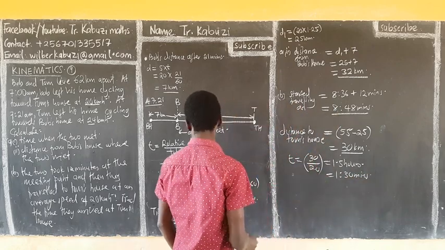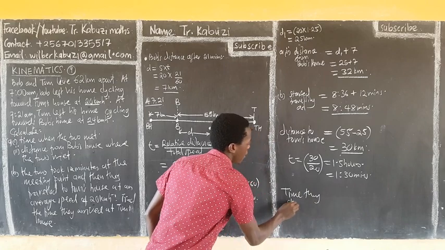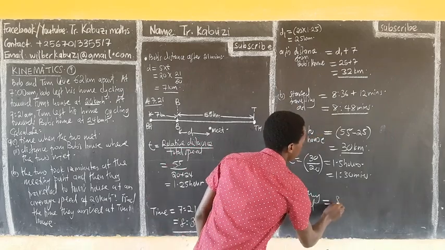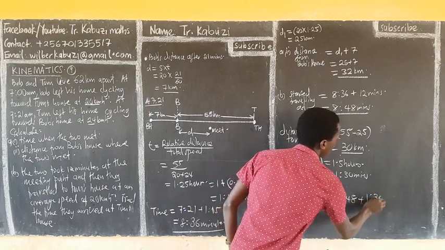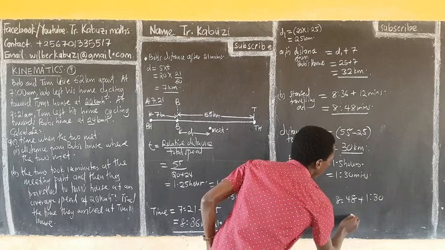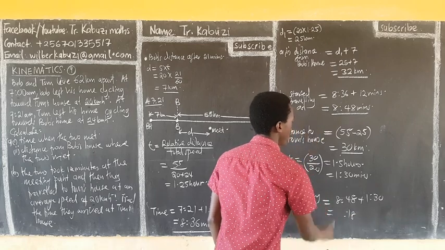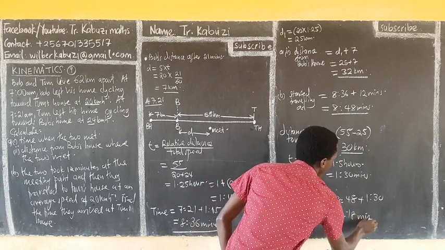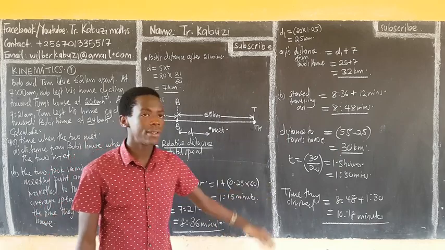So the time of arrival is 8:48 plus 1 hour 30 minutes. 48 plus 30 is 78, you write 18 and carry 1, so this is 10:18. That's the time they arrived at Tommy's house.